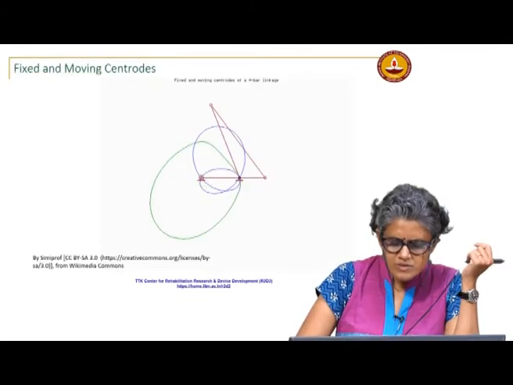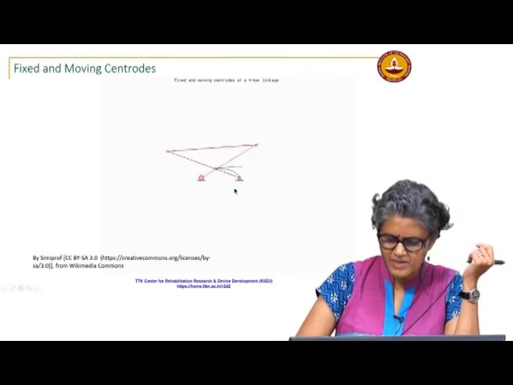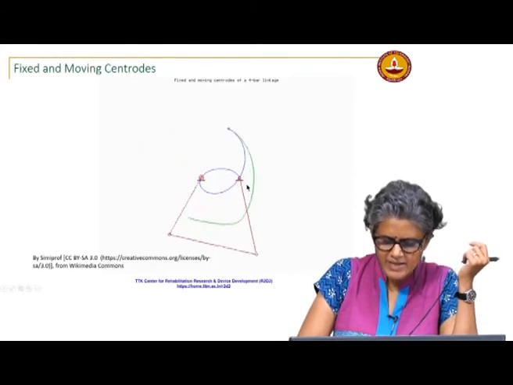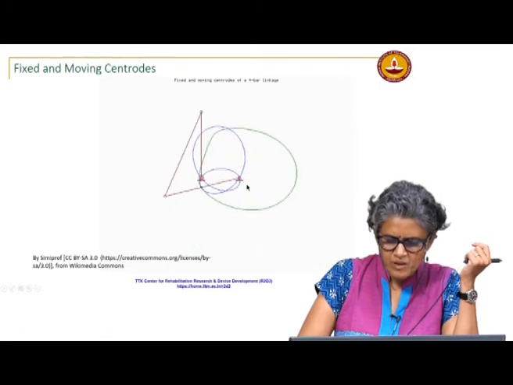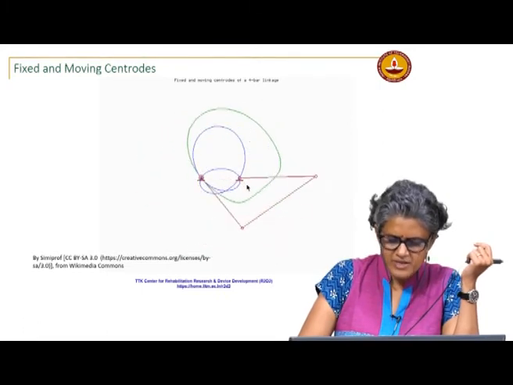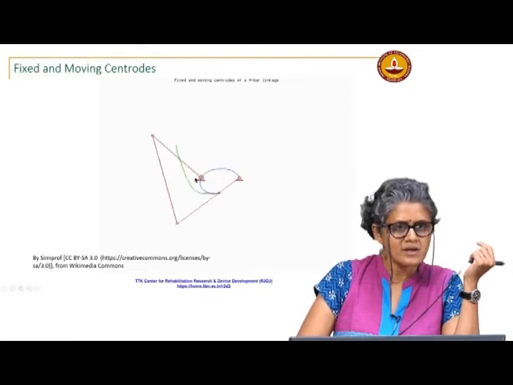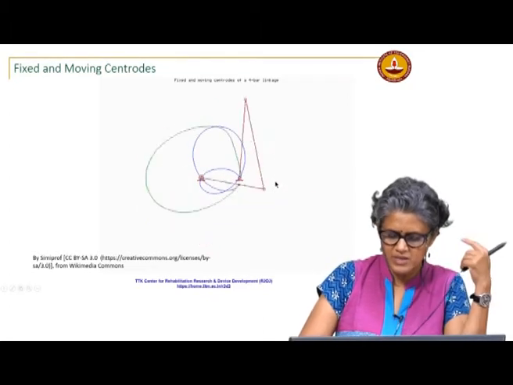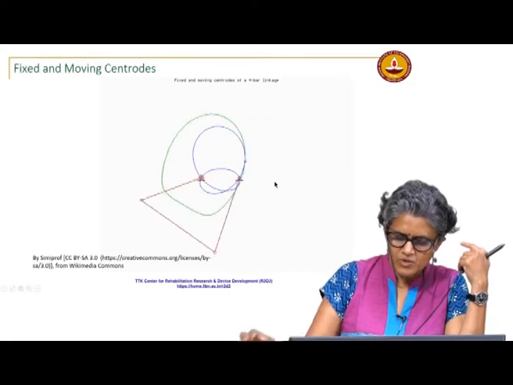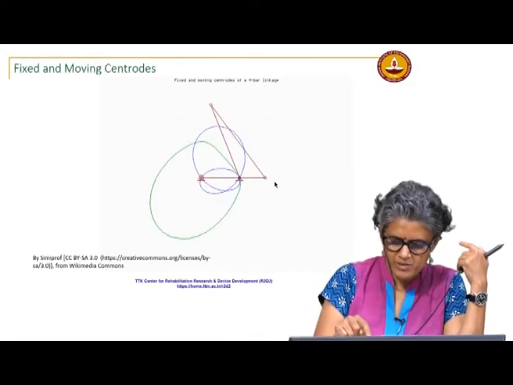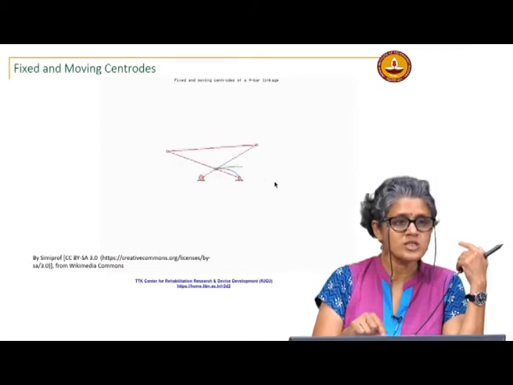Your curve is intersecting here. That means it is contacting it at two different instances, so it is possible. If you look at this one here, you have a coupler point on the moving centroid.